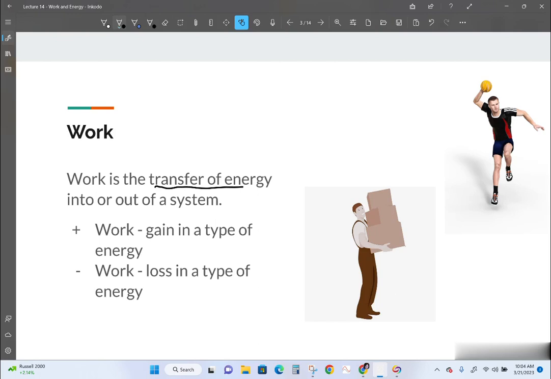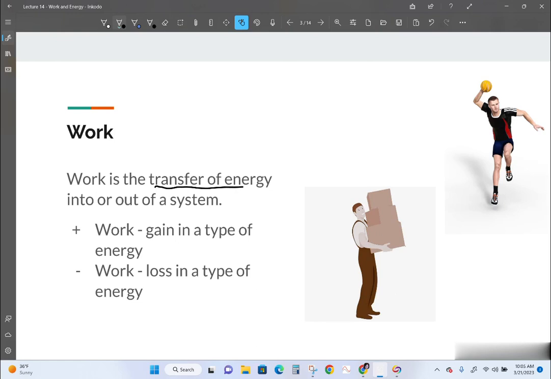So you gave it kinetic energy, but it had to come from some stored type of chemical energy in your body. This is called doing work on the ball. And if you do positive work, you're going to cause it to gain some type of energy, usually kinetic energy. And if you do negative work on it, you can cause it to lose a type of energy.